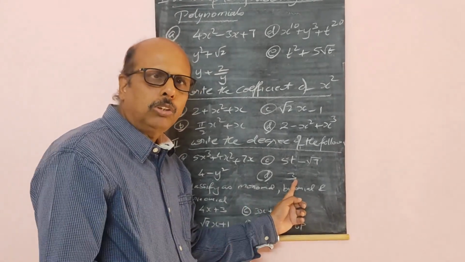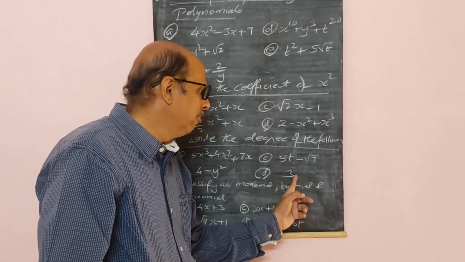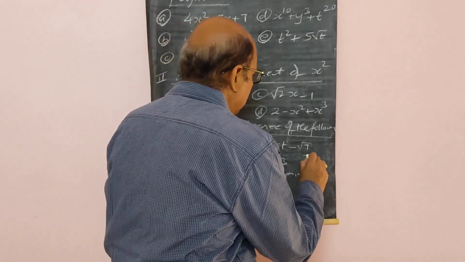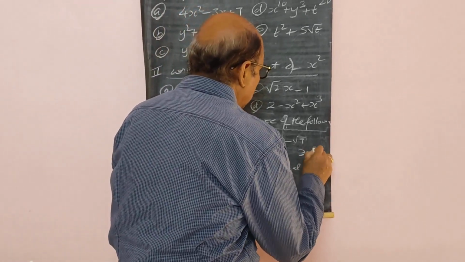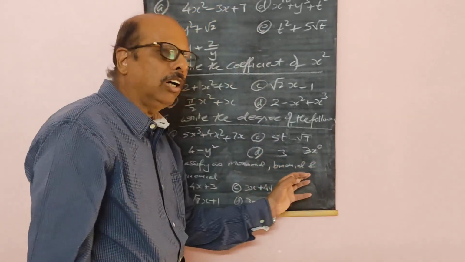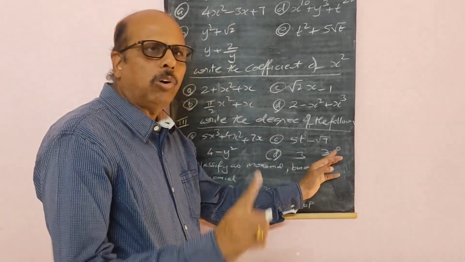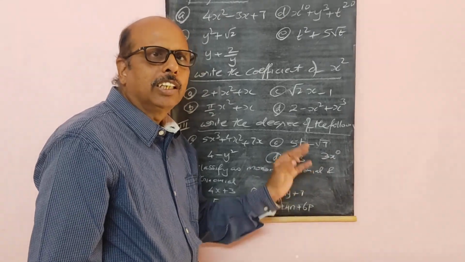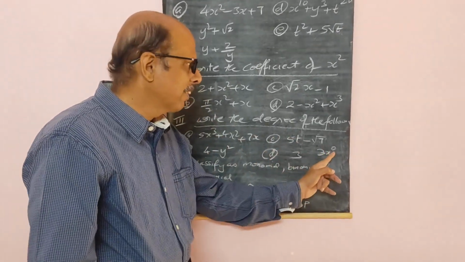Here this is a pure number. It has no variable. So you can assume this as 3x raised to 0, because you know by the exponential law, any number raised to 0 is 1. So 3 into 1 will be 3. So for a constant number, the degree is 0.